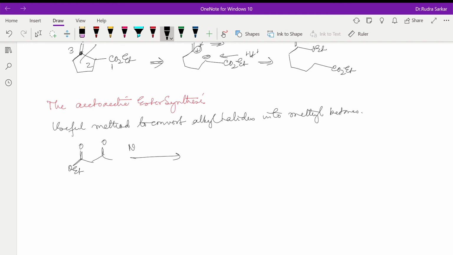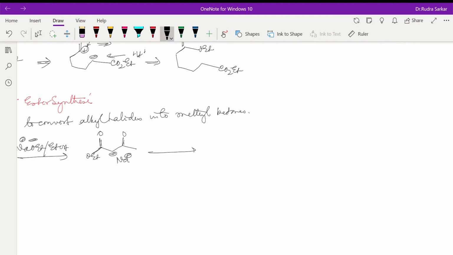Along with that, I have said treat this with NaOET. Okay, so obviously this active methylene group will be deprotonated, leading to the formation of a product something like that.